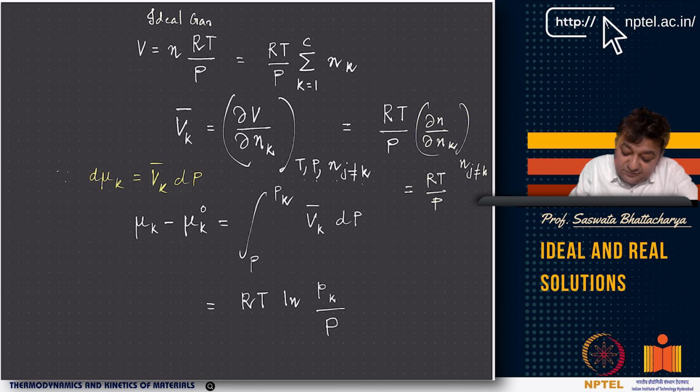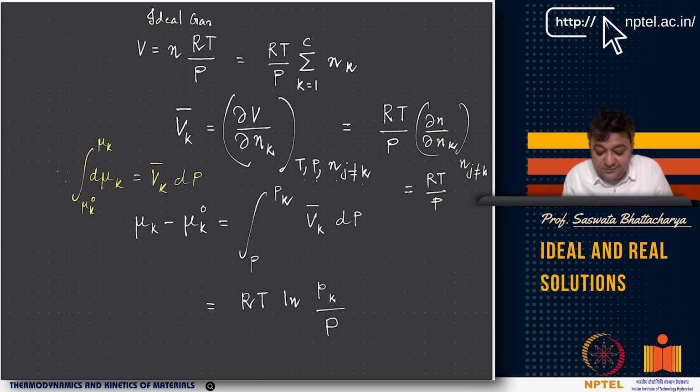Now since d mu k equals Vk bar dP, I can integrate d mu k. Taking mu k as the chemical potential in the solution and mu k 0 as that of component K in the pure form, mu k minus mu k 0 equals the integral from P to Pk.